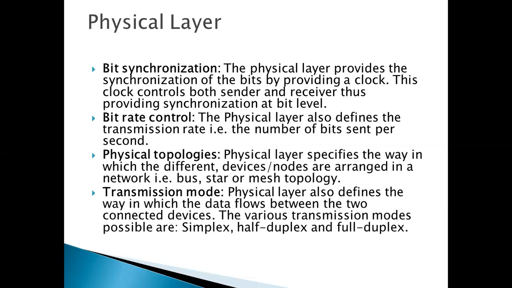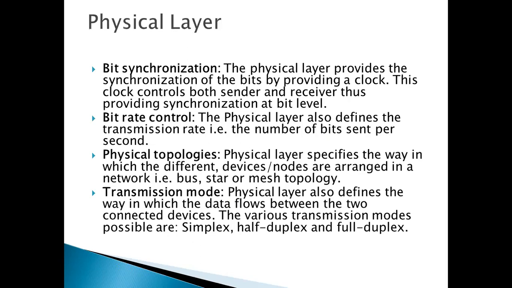The first work is bit synchronization: how the data is synchronized at the bit level. The second thing is bit rate control: after the 0101 data is synchronized, this controls the number of bits per second, which depends on the hardware.